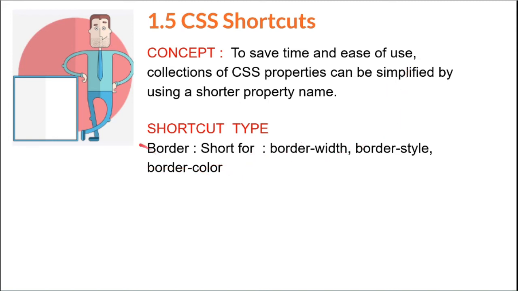The way that works is we use border, we don't use border width, border style and border color. After border we put a colon and then we put 3 parameters and they correspond to the border width, the border style and the border color.